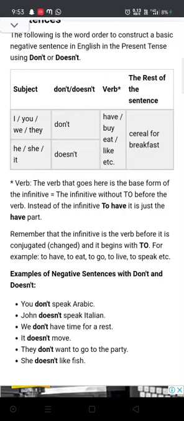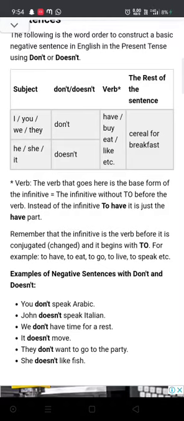The thing to be noted here is that whenever you make the negation of a sentence in which the subject is a third person, the s in the verb is dropped. In the last turn I also told you this rule. Let's see again what it is.